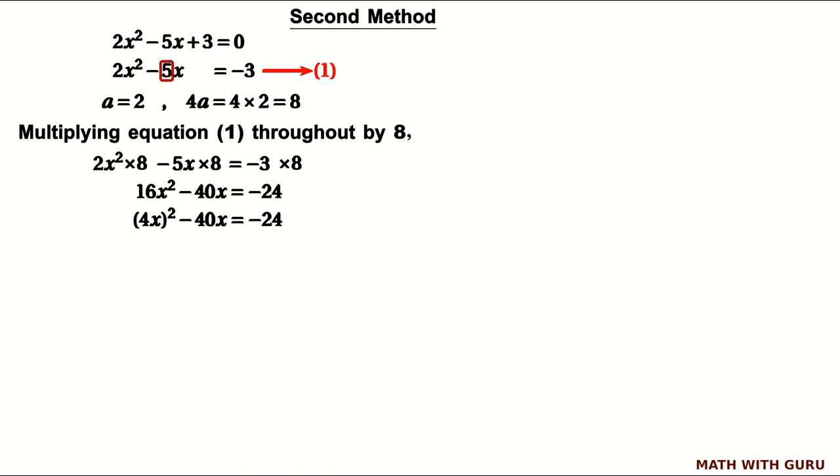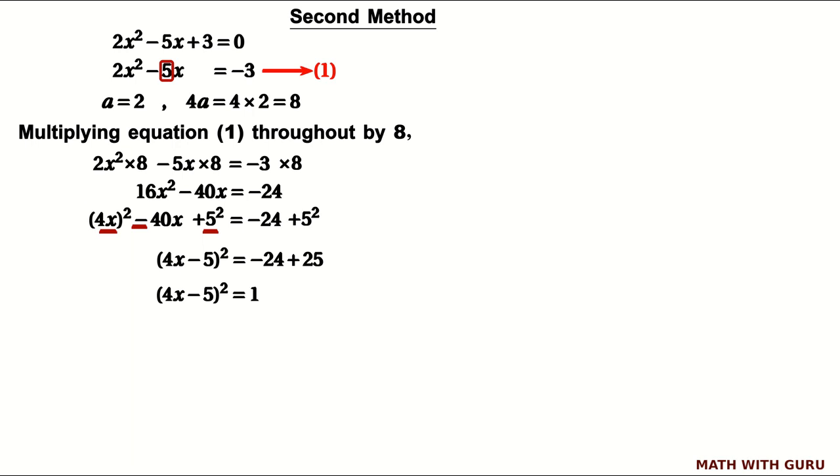Consider the coefficient of x disregarding the sign, that is 5. Add 5 squared to both the sides. Now consider 4x, then 5. We have negative sign here. Therefore, this can be factorized as 4x minus 5 whole squared equals minus 24 plus 25.